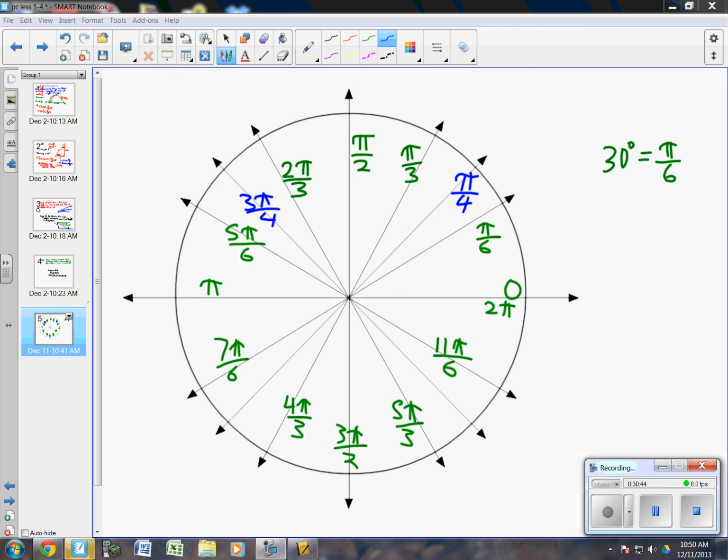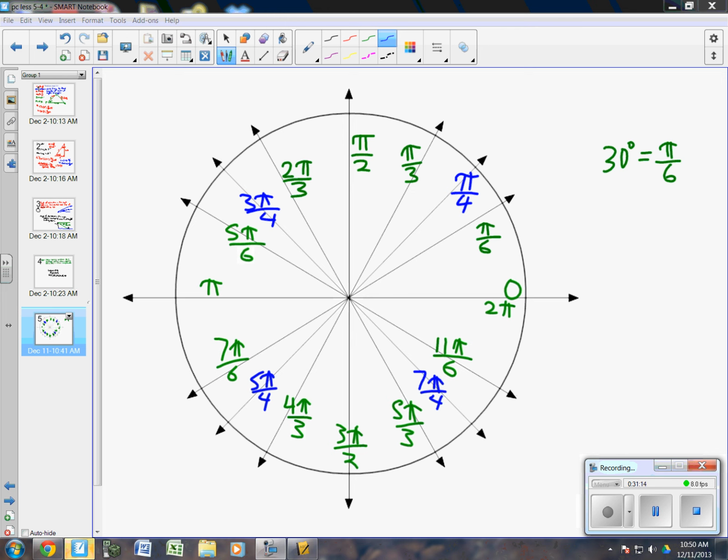After 4/4 comes 5/4. Then 6/4 is 3 pi over 2. And then 7/4. And then 8/4, which is 2. 8 divided by 4 is 2. Yeah, I told you there's a pattern to it, right? There's even a pattern to the other numbers.